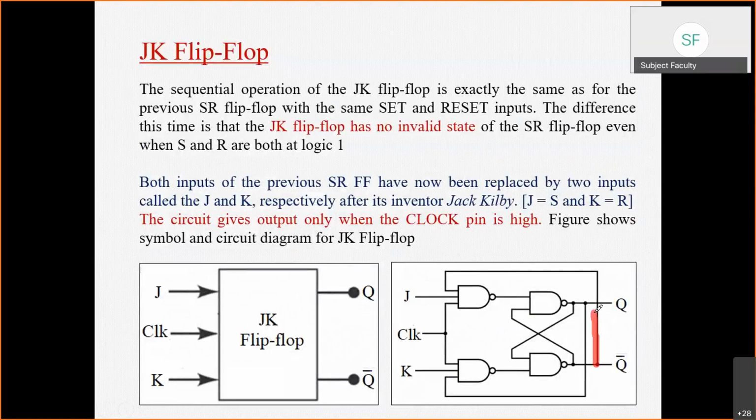This connection is additional. Similarly, one more connection is additional. That is, Q is given to one of the inputs of the lower one, sorry.